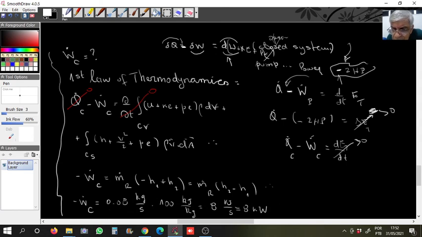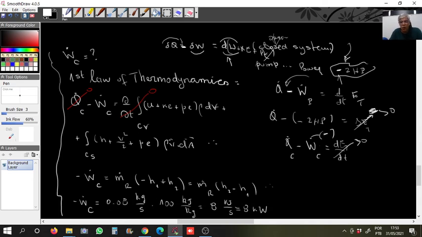So this has to be minus, because minus is plus. Okay, let's do this. Now this equation relates system and control volume. This is steady. I'm applying this to the compressor, and this is the first law of thermodynamics.